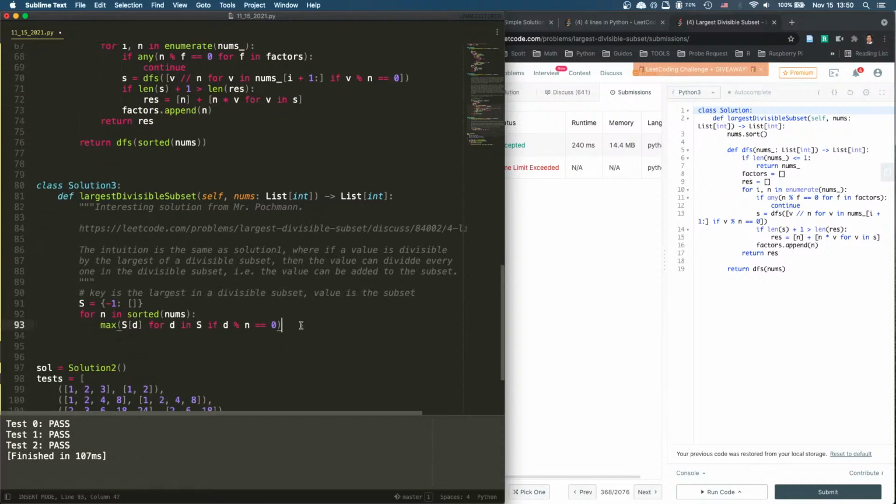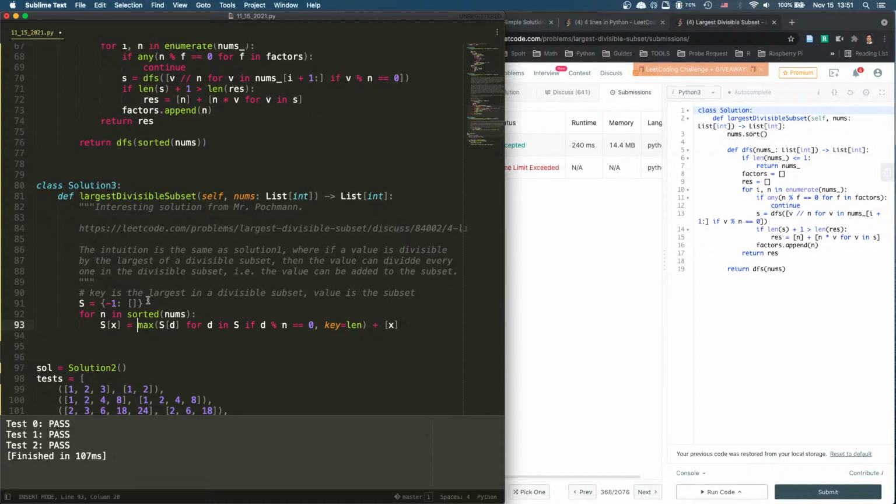So when you take the maximum of this with key equals len, that's a good trick, and we're using plus x, and then we assign sx equal to this. If nothing is divisible, it will be by itself. If something is divisible, we shall remove d, and this thing grows.